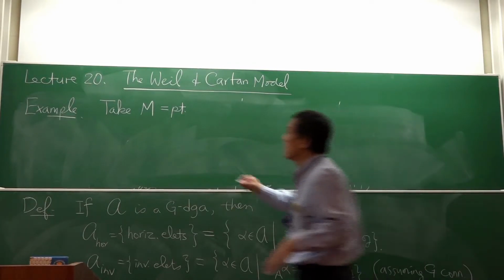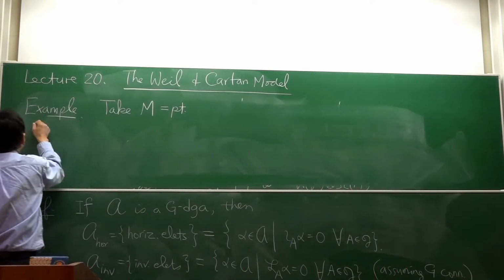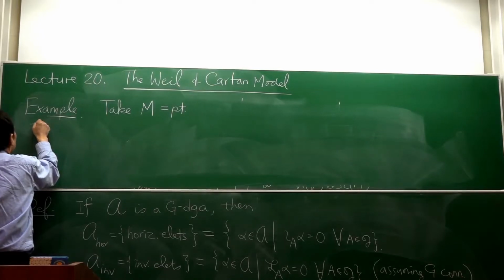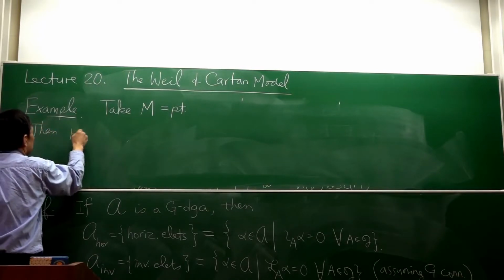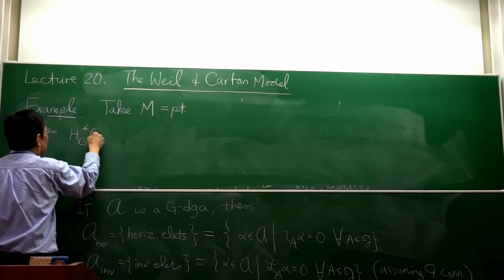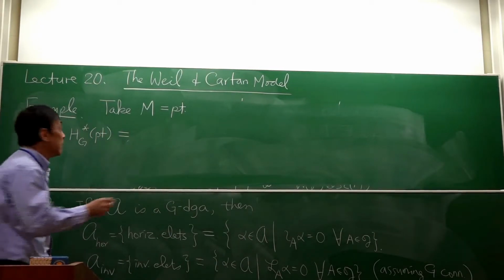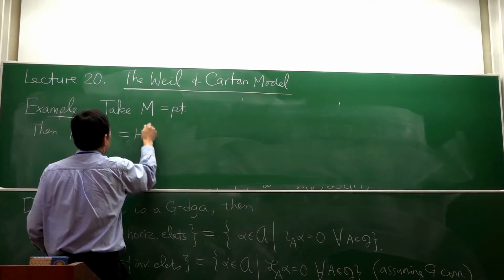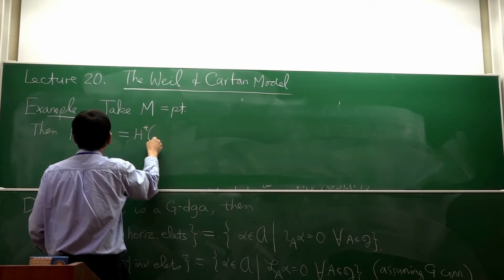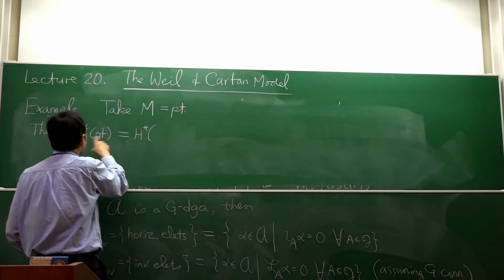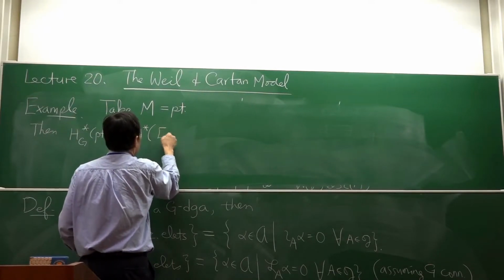Then the equivariant cohomology of a point, right, that is the cohomology of the homotopy quotient of a point.